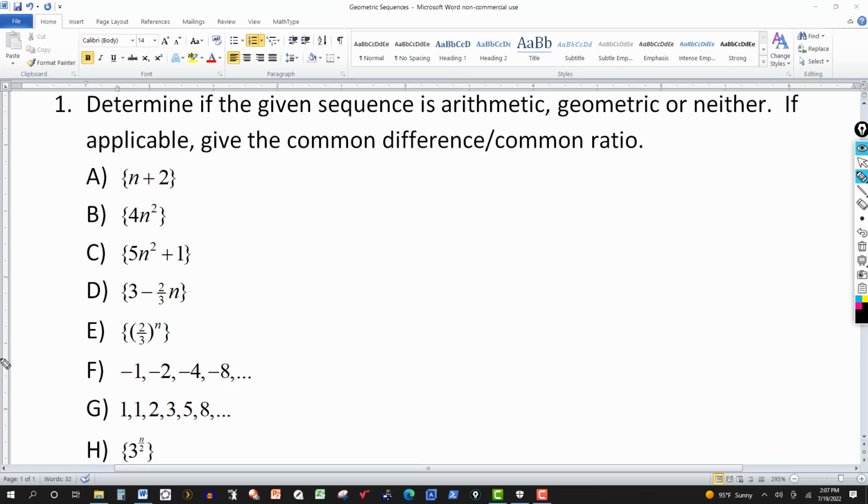For the next one, 2/3 to the nth power. So put a 1, we get 2/3. Put a 2 there, and so you can see the pattern. I'm just going to go ahead and put it as 2/3 to the second. Put a 3, I get the next term, so it'll be 2/3 to the third.